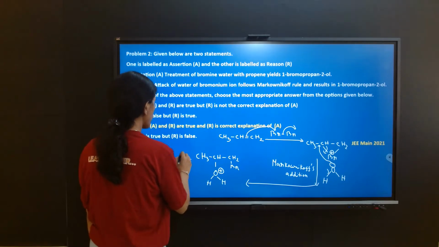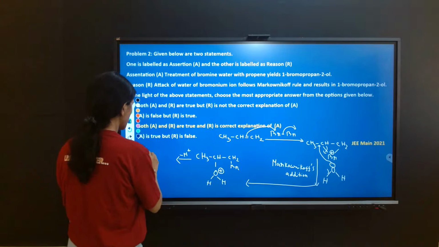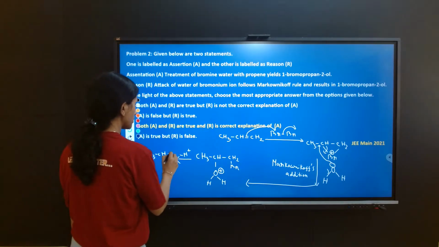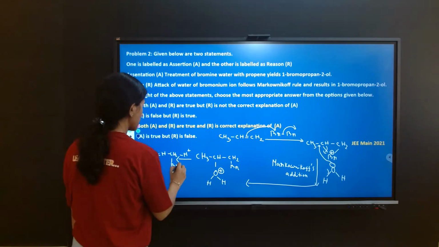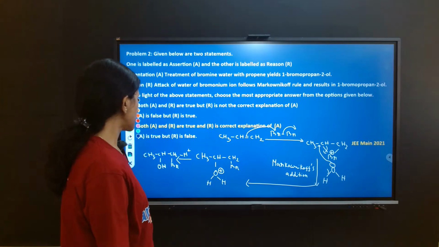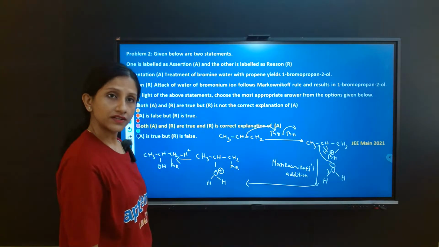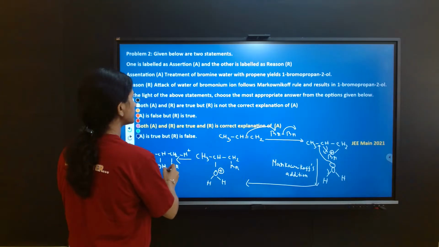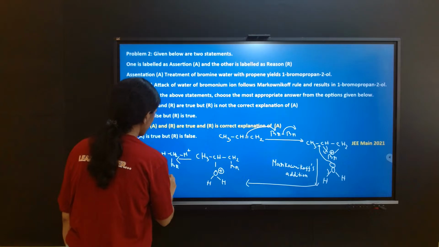Now if you remove one H plus ion from this one, you will end up with CH3CHOHCH2Br, which is the resulting structure after Markovnikov's addition. And this is nothing but our 1-bromopropan-2-ol.